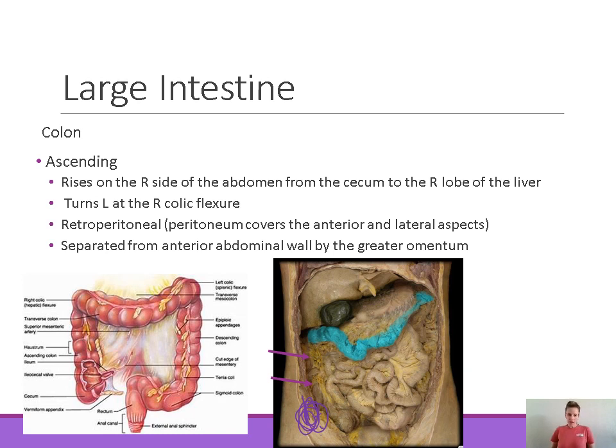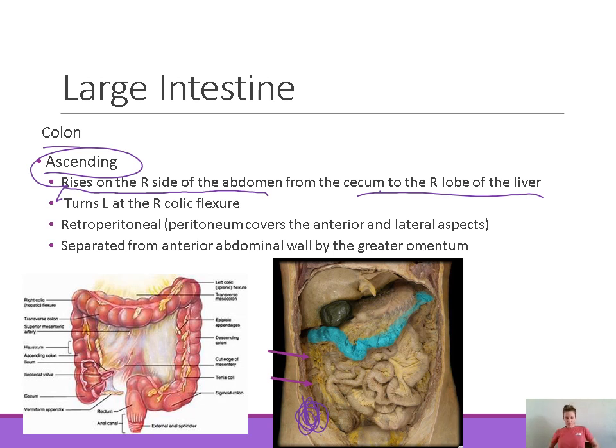After the cecum, we go up into the colon, which we said was broken up into 4 parts. The first part is the ascending colon. The ascending colon rises on the right side of the abdomen from the cecum all the way up to the right lobe of the liver.